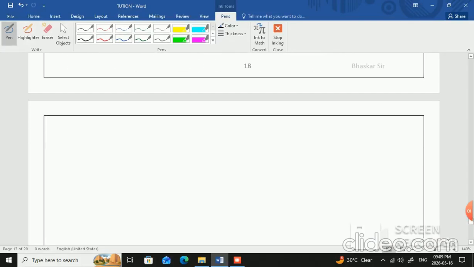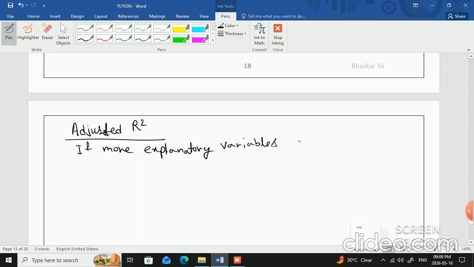Now discuss about adjusted R square. If more explanatory variables are added to the model, then R square increases.